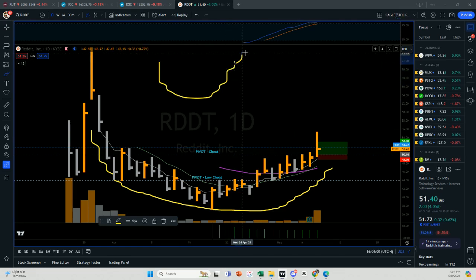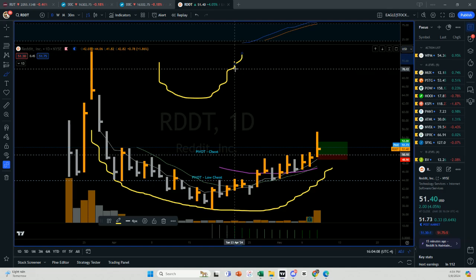The challenge is that there's not really a clear area of support near the pivot, so it makes it challenging to decide where to place my stop. That's one of the reasons why I often end up passing on a cup-shaped base, unless it's blasting through that pivot with loads of volume.